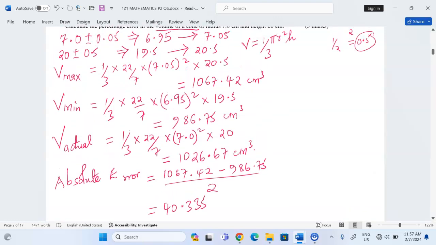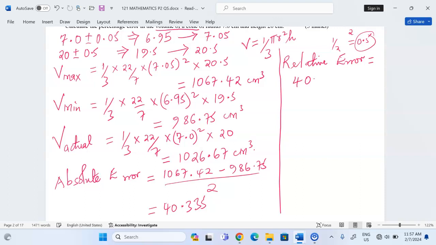The other thing to calculate is what we call the relative error. Here we will say that a relative error is given by absolute error divided by actual volume.